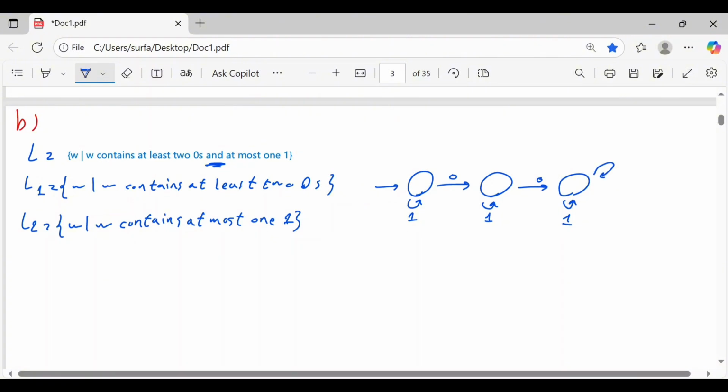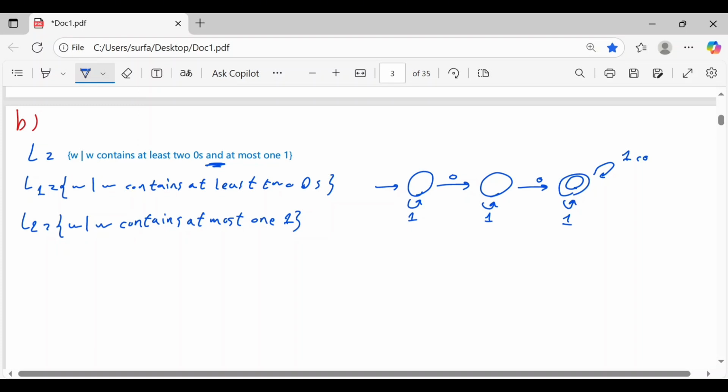After we reach two zeros, the number of zeros doesn't matter for us, so we will stay in our acceptable state. So the final DFA for language L1 is something like this. Yes, this is for L1, and now for L2.